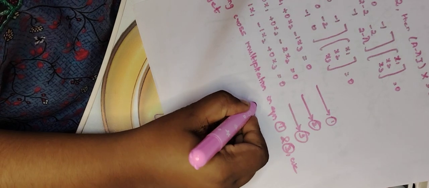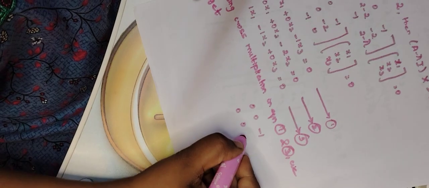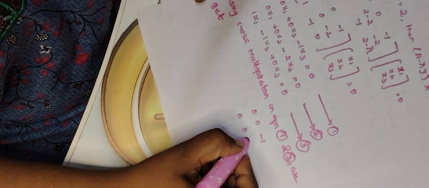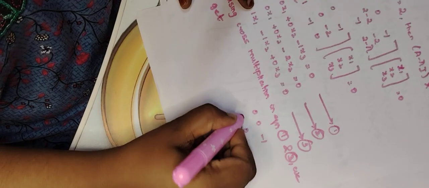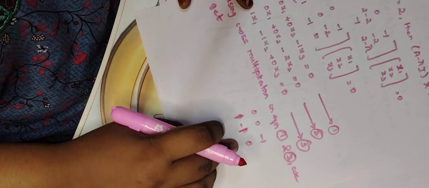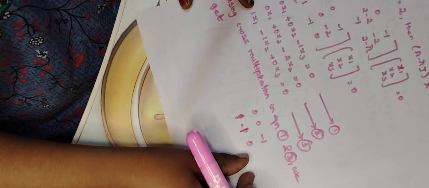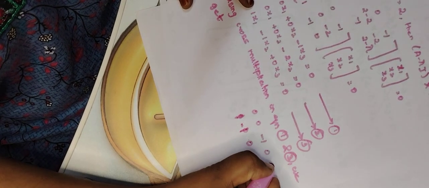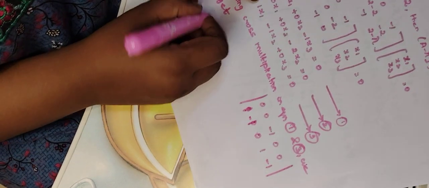The coefficients are 0, 0, minus 1, and the third equation coefficients are 1, minus 1 and 0. So this is my third equation coefficients. Then for cross multiplication, the first two columns should be written again, repeated. So that is 0, 0, 1, minus 1. I have repeated here. So I am now going to find the cross multiplication.